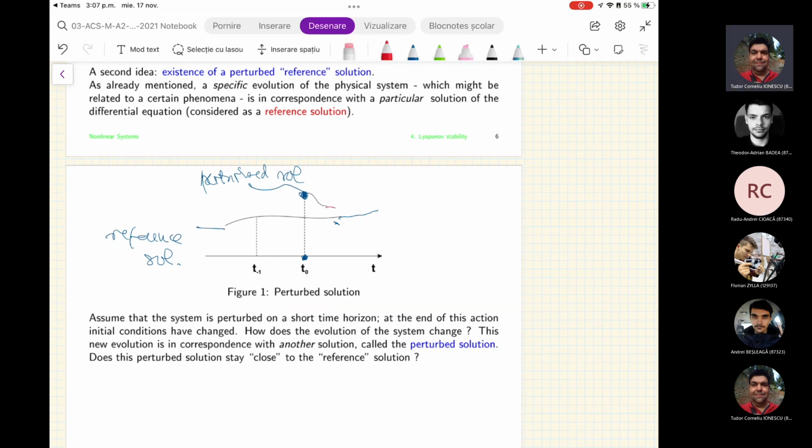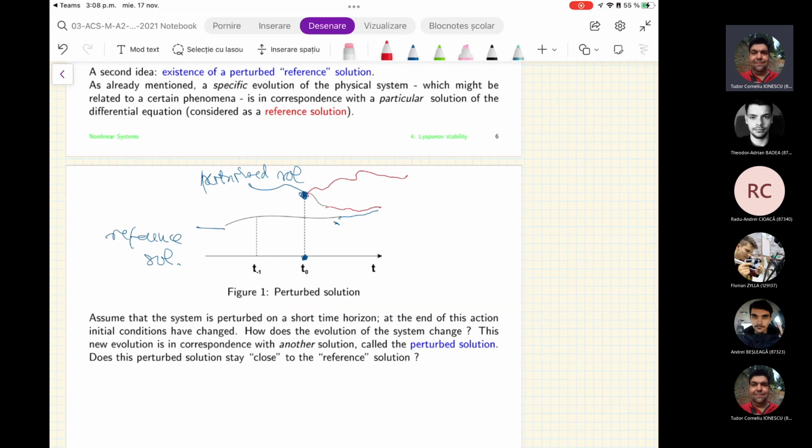If the perturbed solution comes close to the reference solution, probably we'll call this stability. But if the perturbed solution veers off and has a different evolution from the reference solution, then probably this is related to instability.